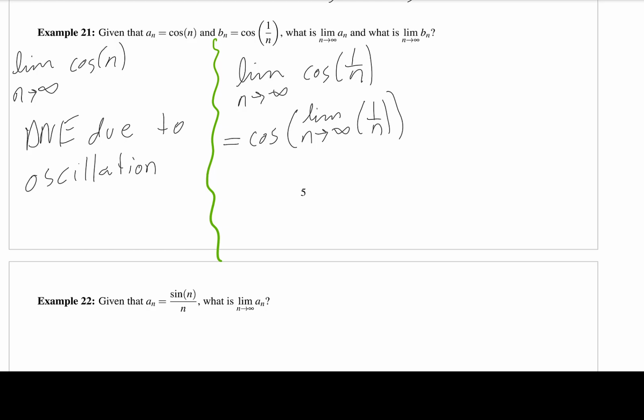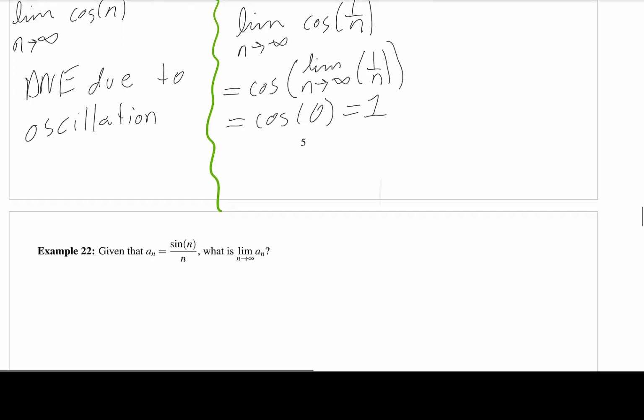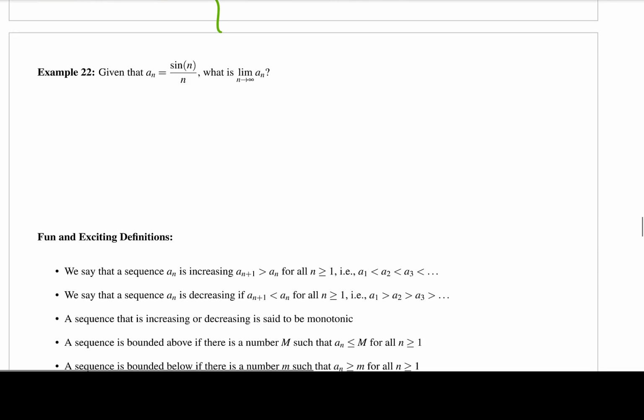The limit as n goes to infinity of 1 over n is 0, so this is just going to be cosine of 0, which is 1. So here's an example of when we have a trig function and we just slightly change what's inside the parentheses, and that can change us from having a limit that doesn't exist to actually having a limit that we can figure out.